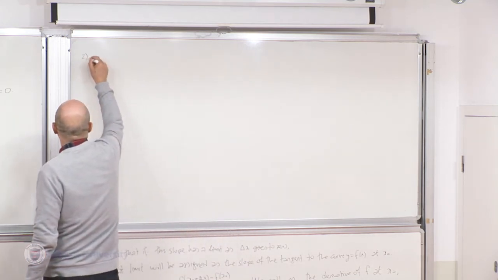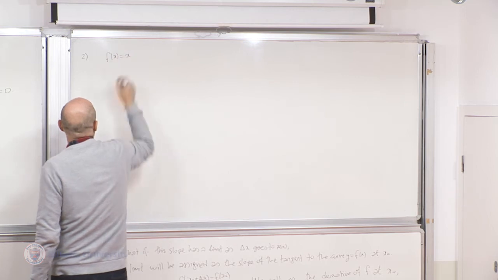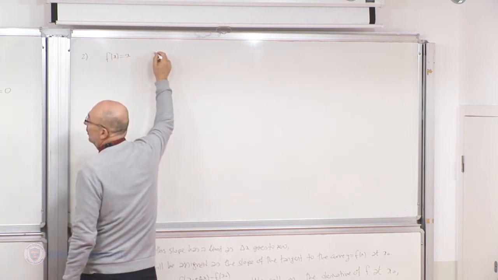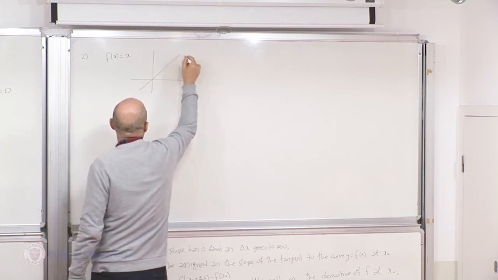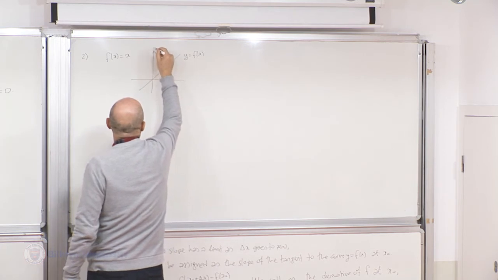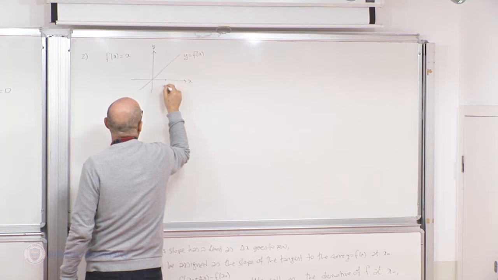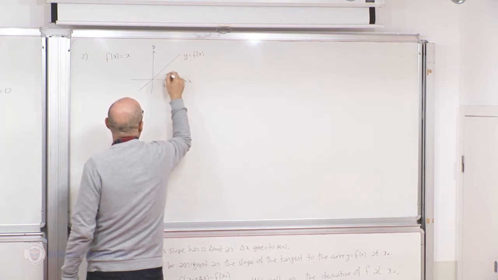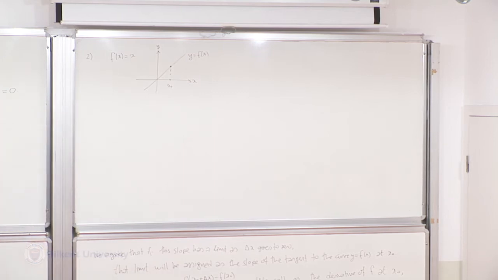Okay, so f of x is equal to x. Again, the graph is something like this. This is y equals f of x. Here is the y-axis, here is the x-axis. Again, at any point, x sub 0, we geometrically expect that the tangent line will be the line itself, because it's already a straight line.